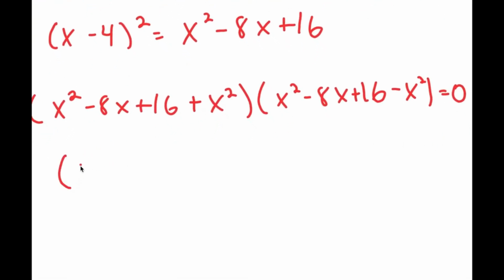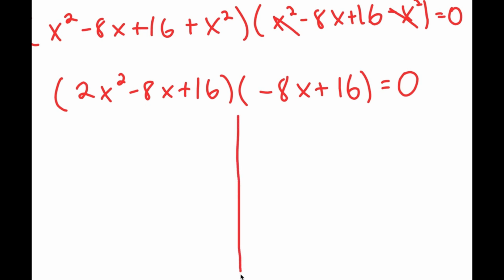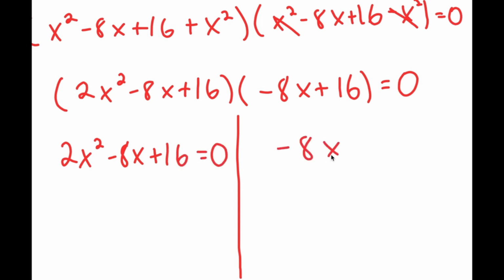Now x squared plus x squared is 2x squared. So I get (2x^2 - 8x + 16) times, these two cancel out, (-8x + 16) is equal to 0. And now I get two equations: 2x^2 - 8x + 16 is equal to 0, and -8x + 16 is equal to 0.